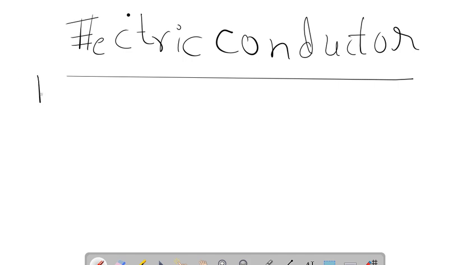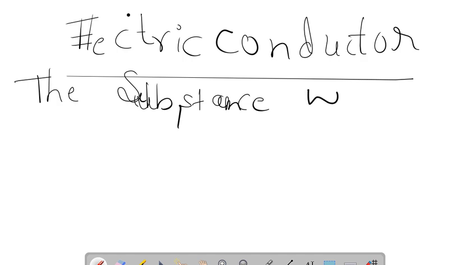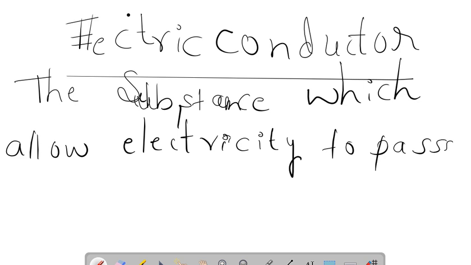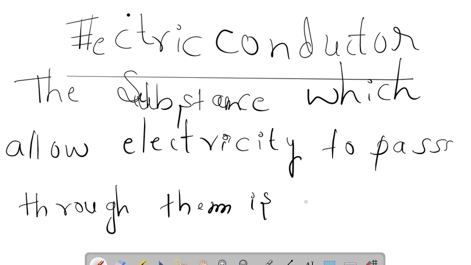Note down, the substance which allows electricity to pass through them is called an electric conductor.